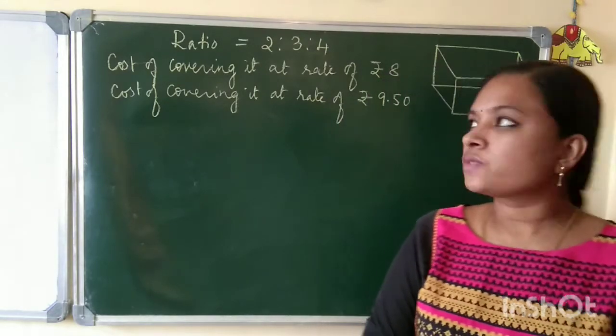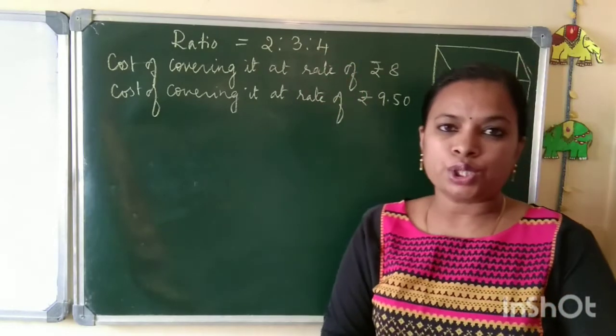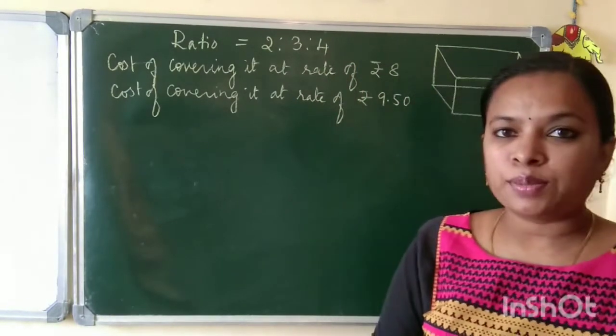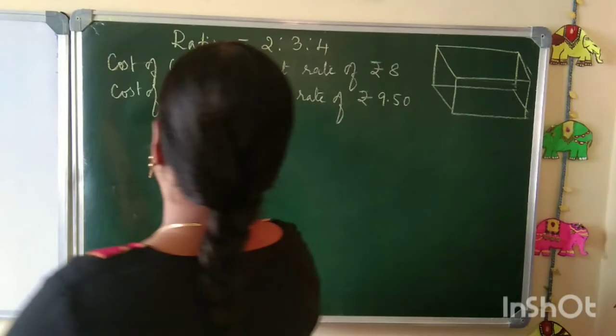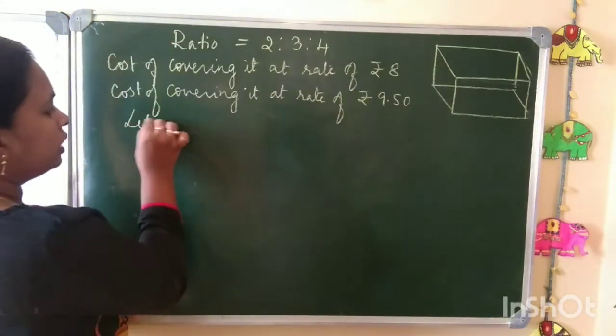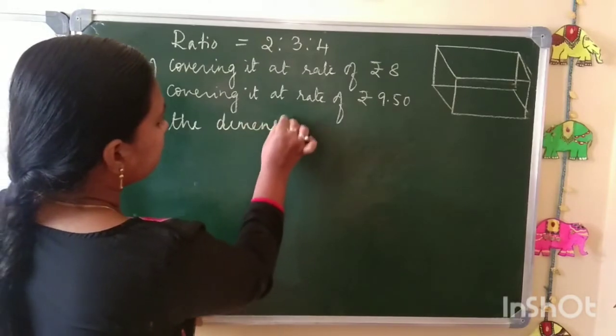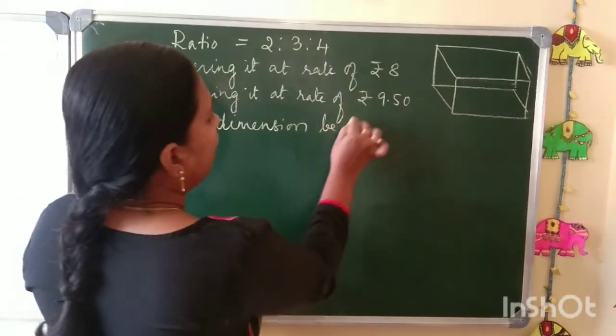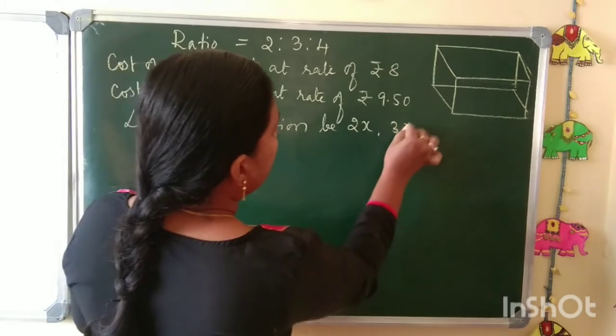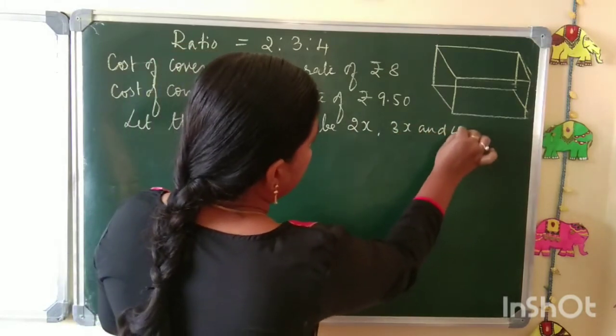The first step is whenever they have given you the ratio, you have to consider the dimension with x. You have to take it with the x value. Now let the dimensions be 2x, 3x and 4x.